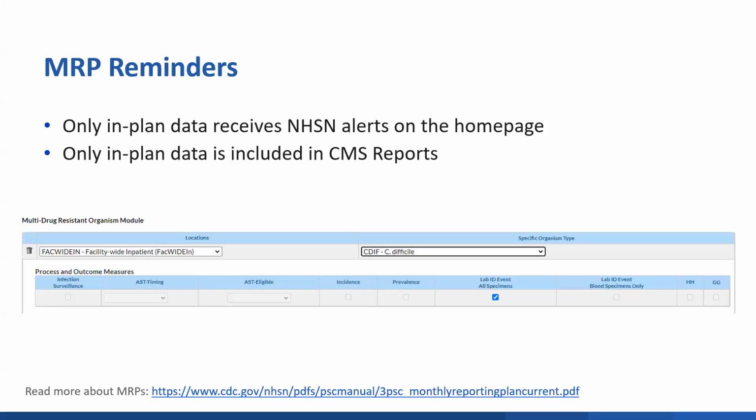I like to check in the monthly reporting plans, make sure that locations and the organism that I'm following is completed for every month that I am looking to report data for. And there are more details, but if you need help with setting up monthly reporting plans, there is a guidance link on this slide. Next slide.